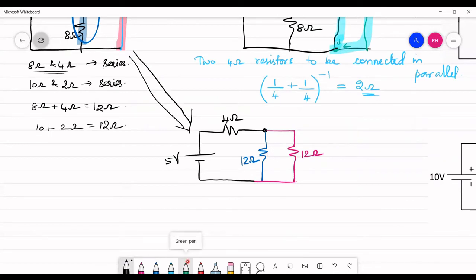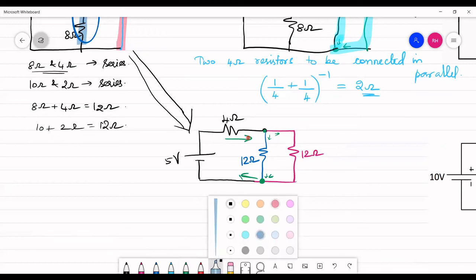So again, go back. A current is coming from this voltage source, comes to this node, gets split into two. At the end of these two elements, you have again these two currents combining together. So we say that these two are being connected in parallel.